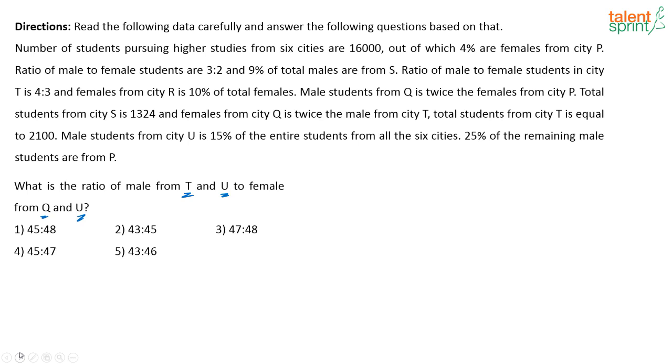Now, coming back to the first question, let us try this out. Again, read whatever information is given here. Try to find out the values and then we will solve the questions that follow. What is given here? The number of students pursuing higher studies in 6 cities is 16,000. So which are the 6 cities we are referring to?